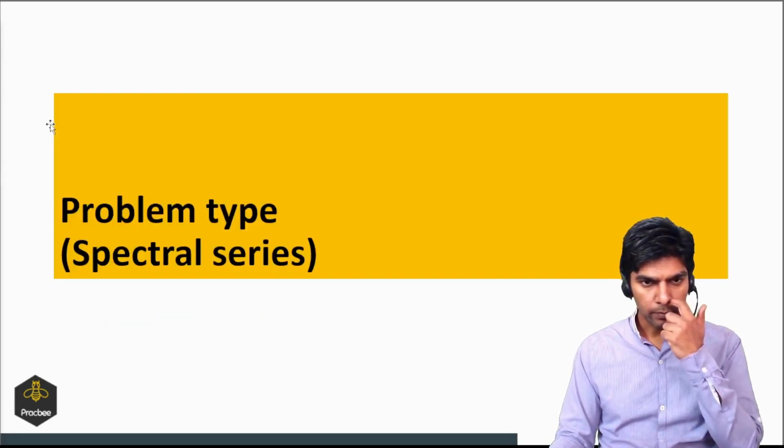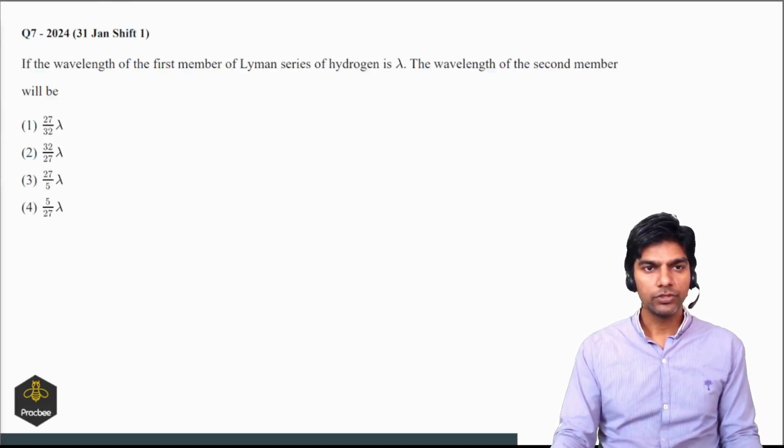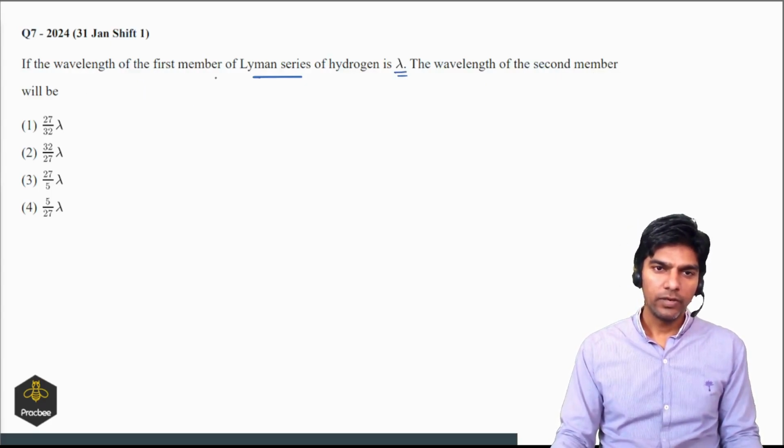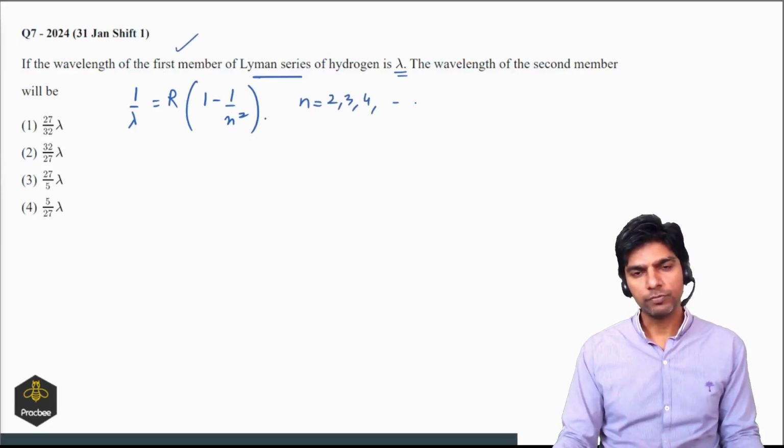Now let us see the next problem type, which is based on spectral series. Let us see the first question. If the wavelength of the first member of the Lyman series of hydrogen is lambda, what will be the wavelength of the second member? For Lyman, we know that 1 by lambda is equal to Rydberg's constant times 1 minus 1 by n square, where n can be 2, 3, 4, and so on. For the first member, n is equal to 2, and for the second member, n will be equal to 3.